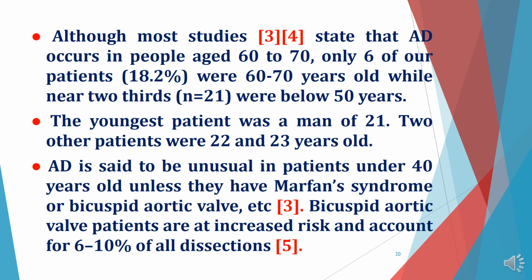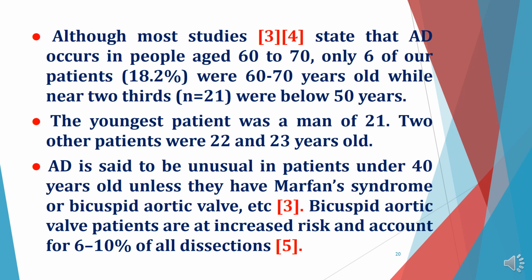Although most studies state that aortic dissection occurs in people aged 60 to 70, only 18.2% of our patients were 60 to 70 years old, while nearly two-thirds were below the age of 50 years. The youngest patient was a man of 21.